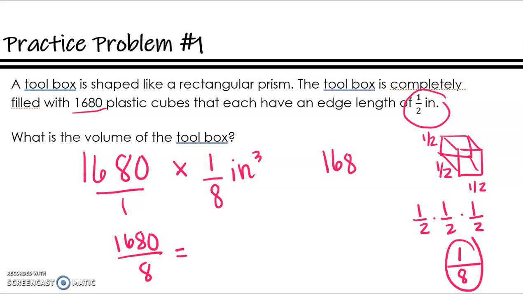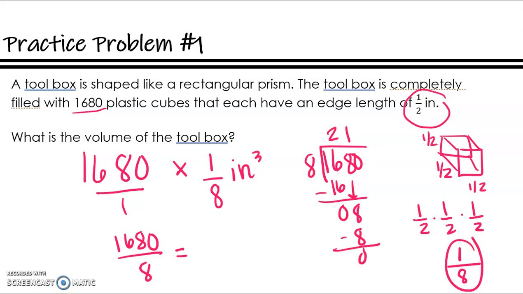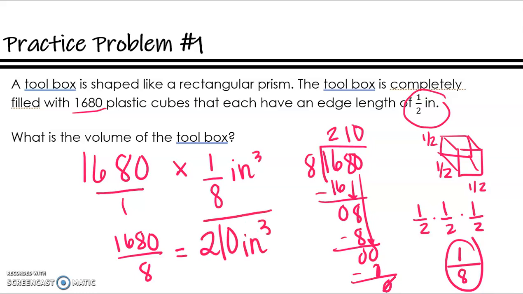So I'm going to do some division. 8 goes into 16 twice, 8 goes into 8 once, and 8 goes into 0 0 times, and that stays as a 0 out. This means that my volume is 210 inches cubed.